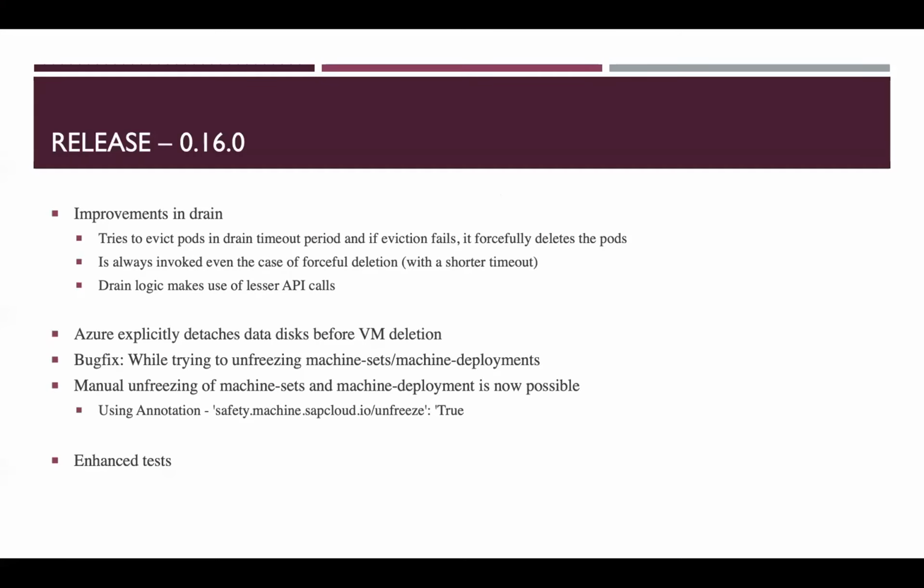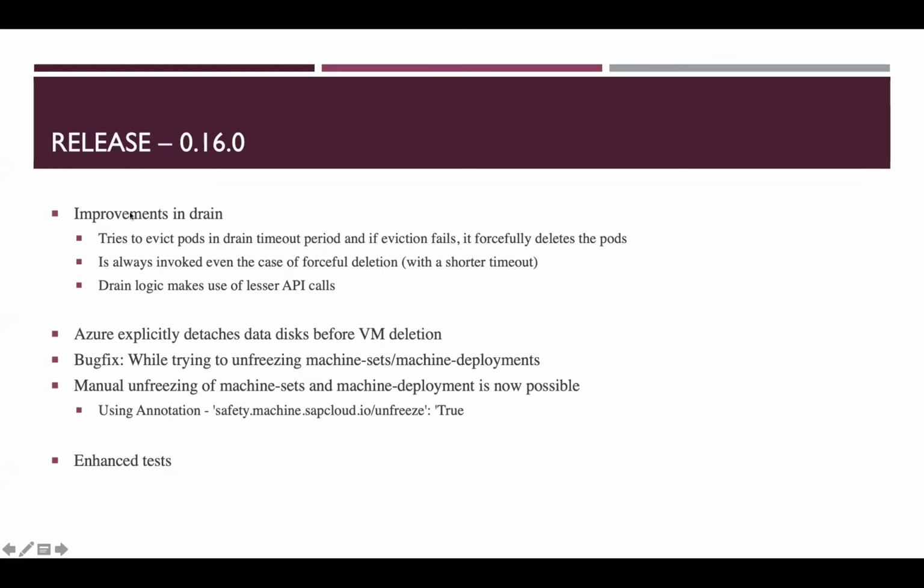Okay. So just a quick round of updates on the latest MCM release 16.0. We had quite some improvements in drains. Earlier, when a drain failed, it used to give up and just try to forcefully delete the machine. Now we try to drain the pods, we try an eviction, and if it fails, we forcefully delete the pods by setting their grace periods to 0.